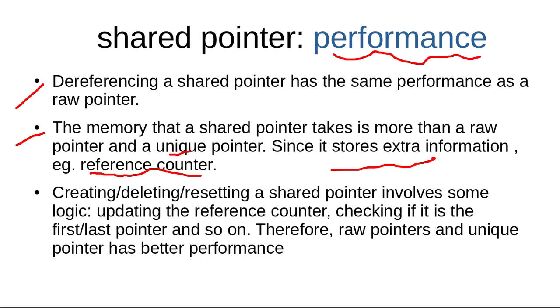So compared to the memory, a shared pointer takes more memory than the raw pointer. Creating, deleting, resetting a shared pointer involves some logic. For example, updating the reference counter, checking if it is the first or last pointer, and so on. Therefore, raw pointers and unique pointers have slightly better performance than shared pointers.